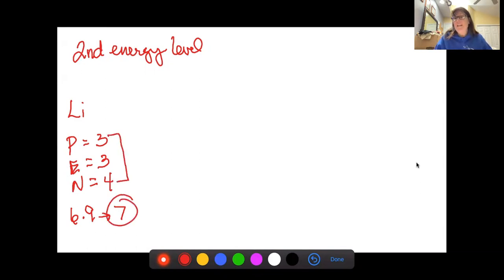Now, I said lithium has 3 electrons. Now remember, 2 electrons are going to fill up the first orbital. So how many do I have in the second energy level? I just have one, right? Because the first two electrons went into the first energy level. It's full. Now I have to move to the second energy level.